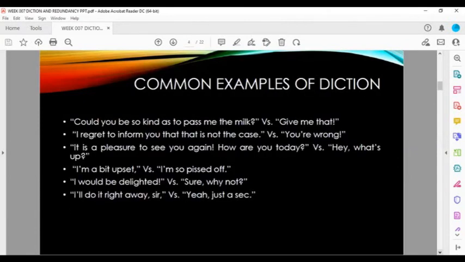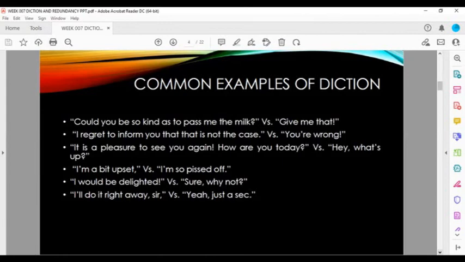Another example of diction. Could you be so kind as to pass the milk? So it portrays that you are asking for something, aside from giving a command. Give me that. I regret to inform you that this is not the case, versus you're wrong. It is a pleasure to see you again. How are you today?